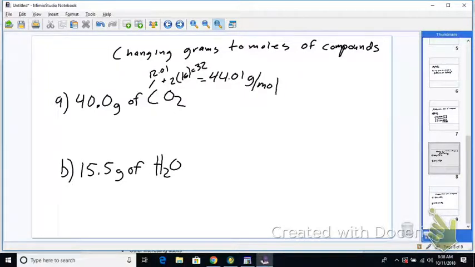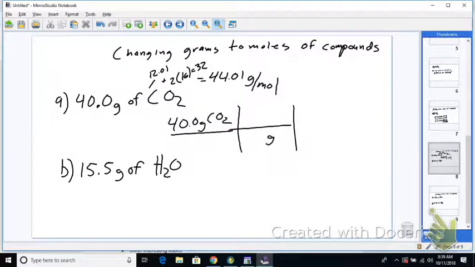Then what you do is you say, okay, I'm going to set it up. I'm going to go 40 grams CO2. Unit goes down here, grams of CO2. Goes up here, moles of CO2. Units 1, 2, 44.01. Okay? I'm doing the exact same thing, but I have to find the molar mass. Questions?